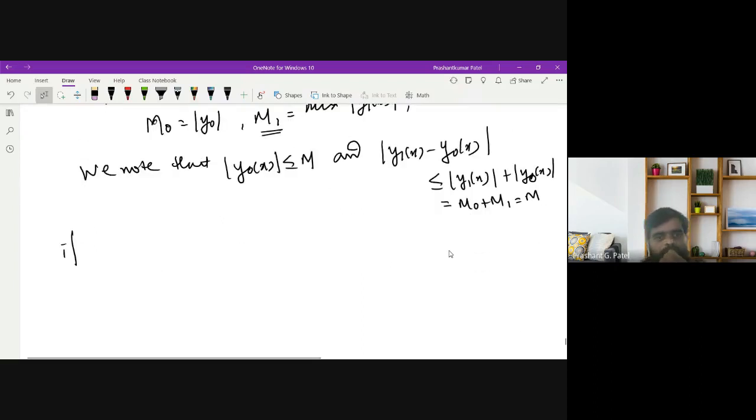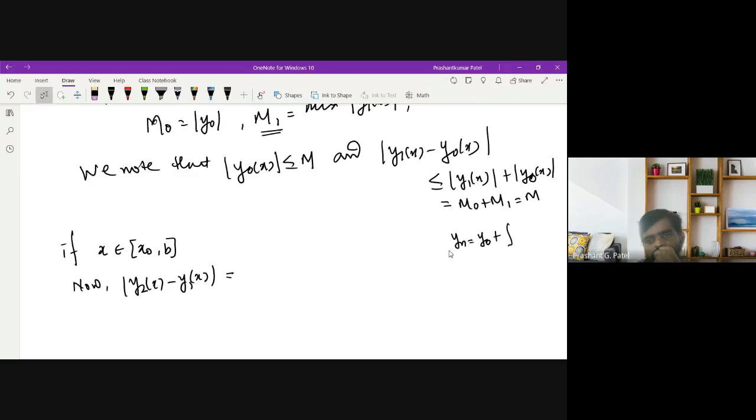Now if your x belongs to x0 to b, let's say, for this y2 of x minus y1 of x, if I take the modulus, we know that yn is y0 plus integration x0 to x of f of t comma yn minus 1 of t dt.